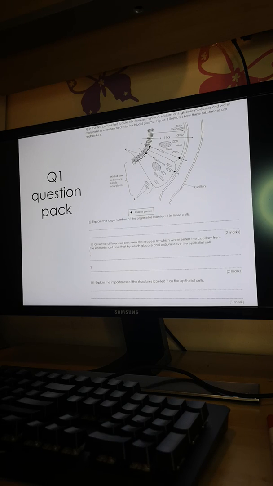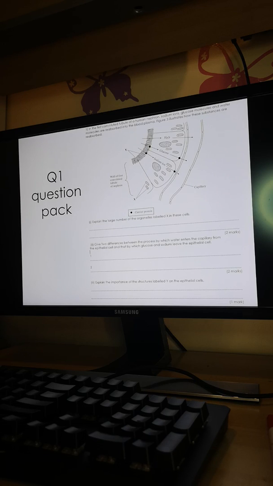Okay, so having a look at question 1, the first convoluted tubule is another name for the proximal convoluted tubule, so it's the first one. In the human nephron, sodium ions, glucose molecules and water molecules are reabsorbed into the blood plasma. Figure 3 illustrates how these substances are reabsorbed.